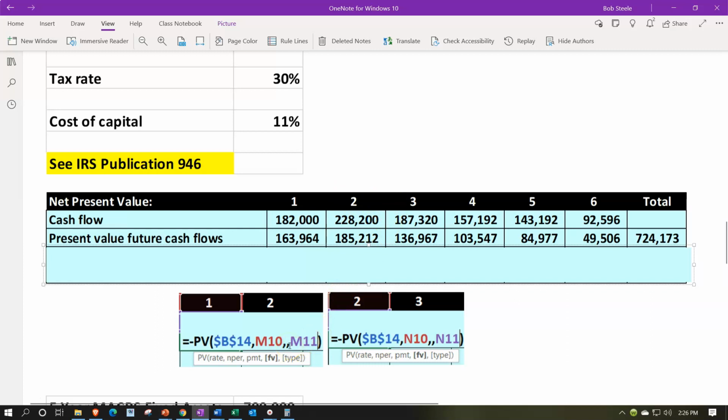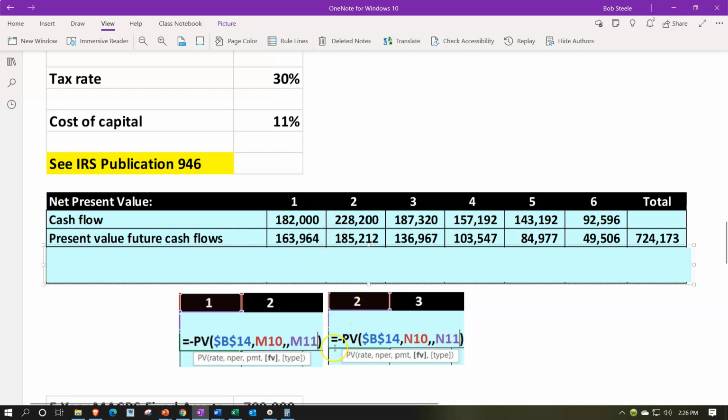Comma, comma, future value then is the 182,000. That gives us the discounted amount of the 163,964. Period 2, the 228,200 discounted 2 periods back, 2 years back at the 11% is the 185,212.